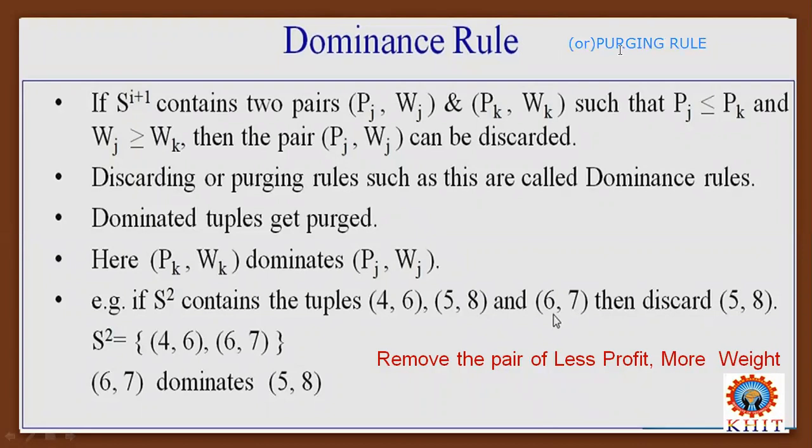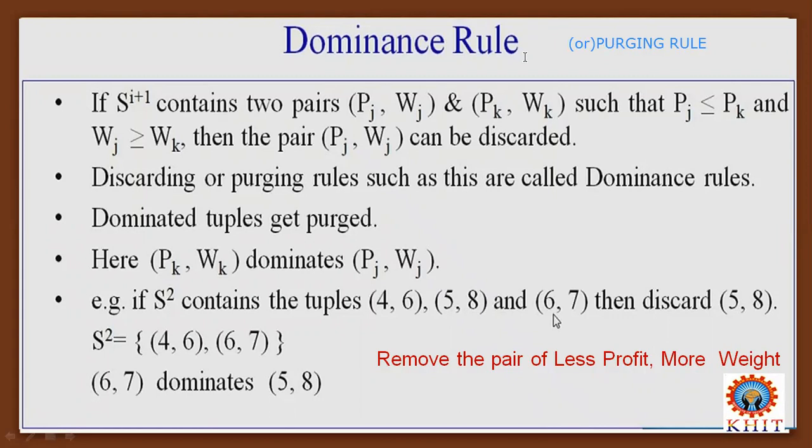So the dominance rule or purging rule is what we are adopting in the given problem. That's why I have mentioned what is meant by dominance rule and purging rule. It is required to solve the knapsack problem.